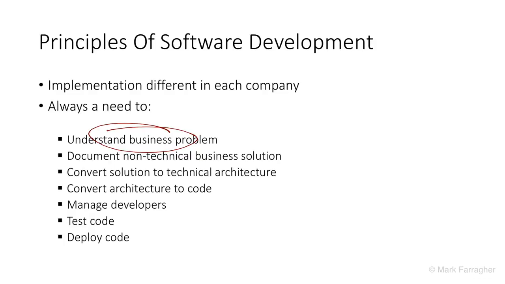There is going to be a need to document everything in non-technical terms. We call this functional documentation. So think in terms of, say, the user interface. Someone is going to have to interview the business and discover what kind of user interface they need to solve their business problem.